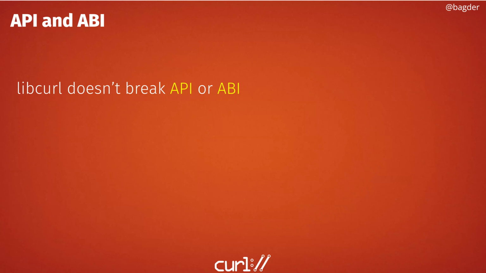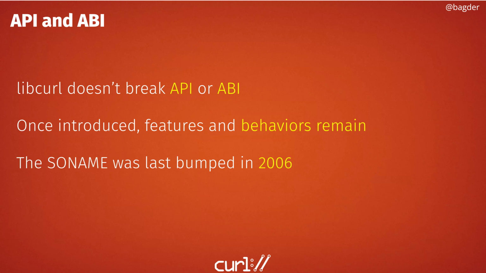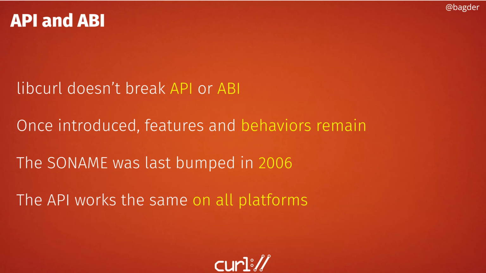In fact, examples that were built in the early 2000s can still be built with the latest libcurl today, and it runs fine. Usually all the URLs and everything else you used 20 years ago have broken since, but the API and the ABI have not. So features remain, and it's really stable and solid.